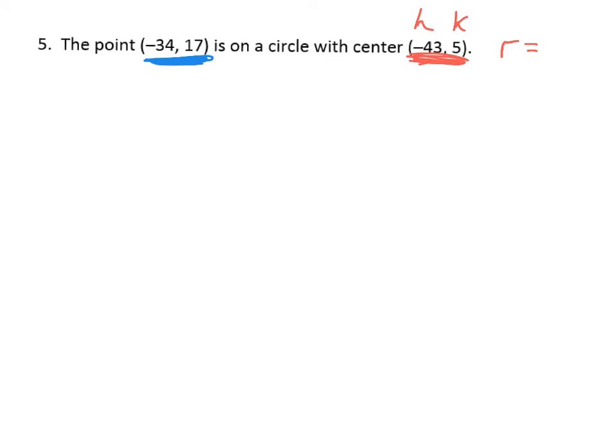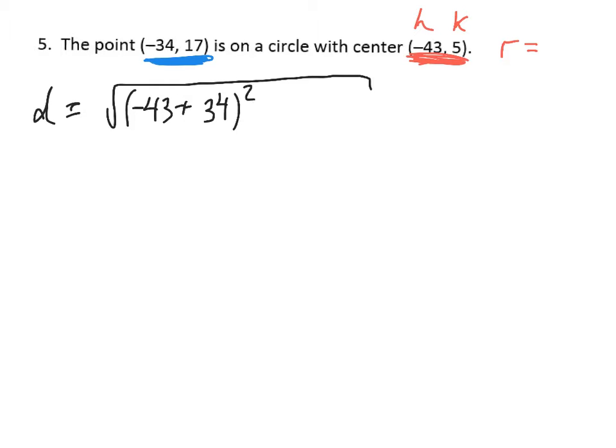So much like the problems from the notes, I'm going to have to go back and use the distance formula. So we're going to do x2 minus x1, which is going to turn into plus 34 squared, plus y2, 5, minus y1, 17.